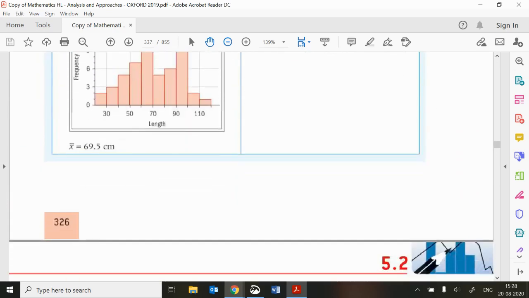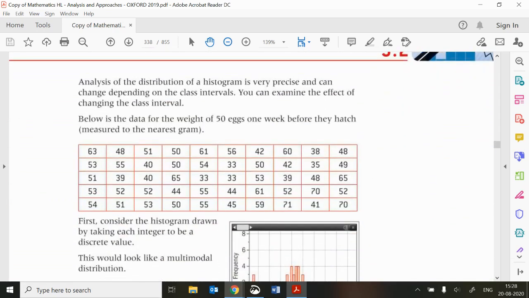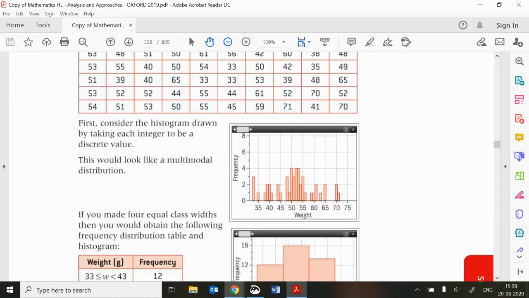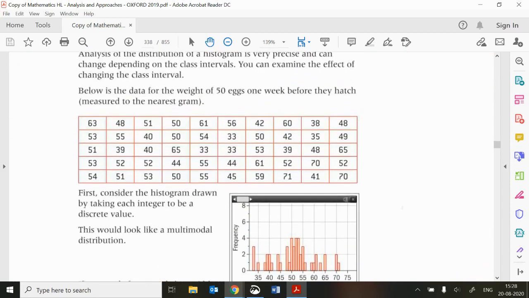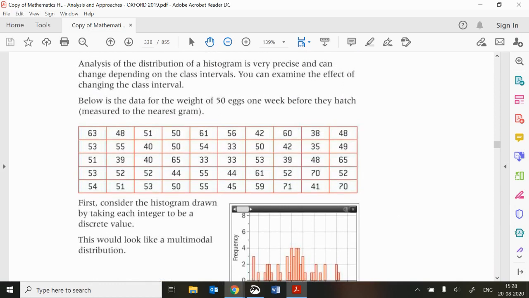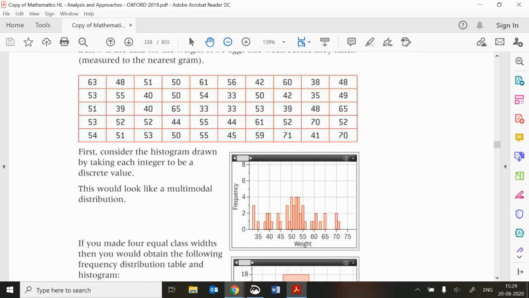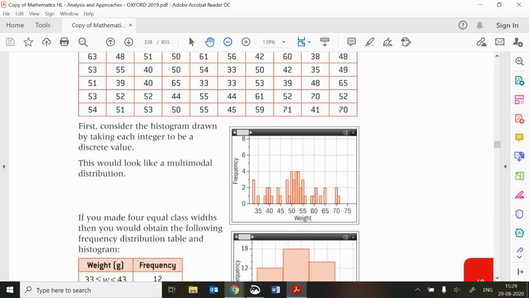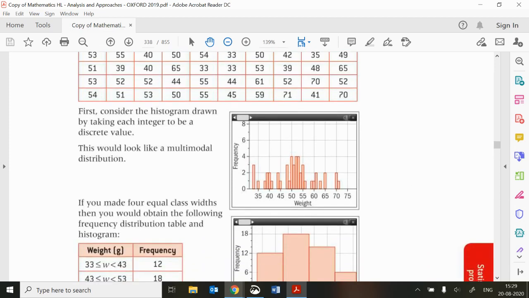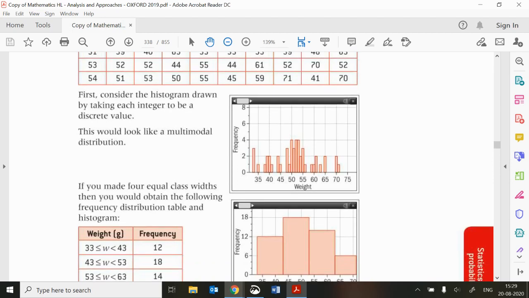So, comparing histograms. It's interesting to note that if we choose different class widths, and they're talking here about eggs measured to the nearest gram. Now, if we decide to have very narrow class widths, size 1 here, I believe, then you can see the distribution is less clear to see.